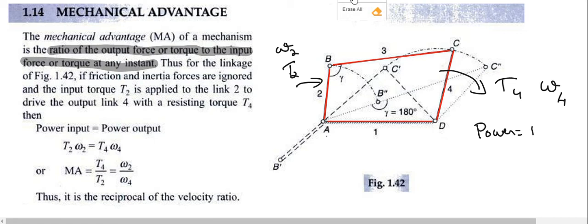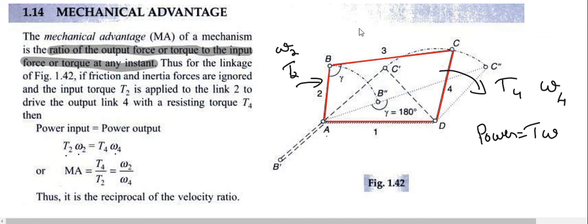So similarly in angular motion we can determine power as torque into angular velocity. So this is power. So input power is T2 times omega 2 because we are giving power into the link 2. And output power will be T4 times omega 4.